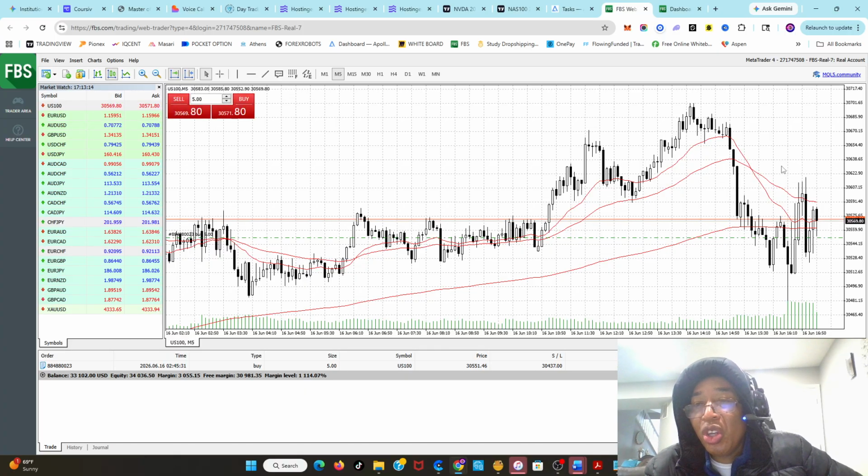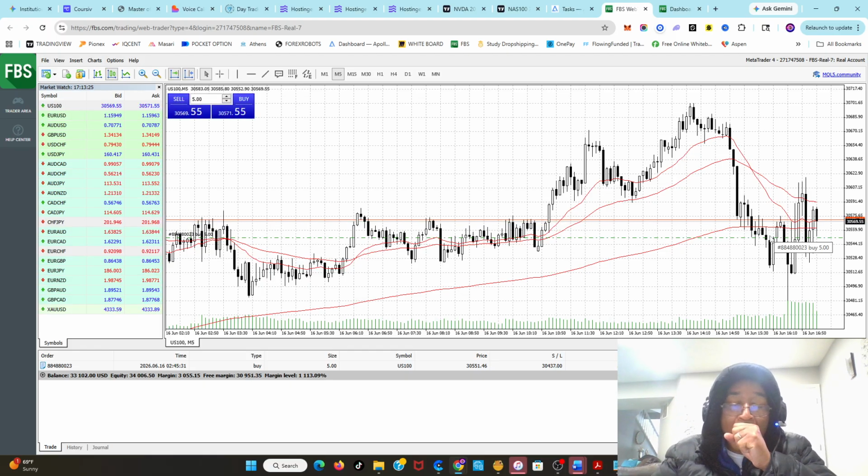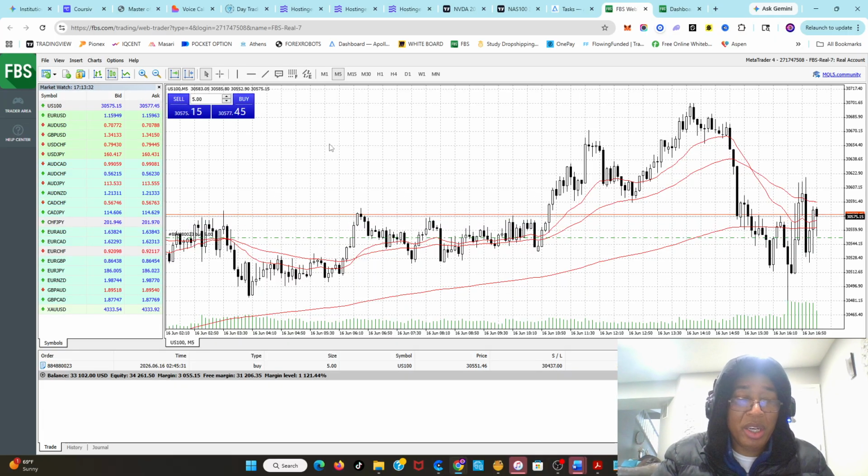Huge, huge red bars. They look black here. These are the ones I'm calling red, the black bars. Then we have the white ones, that's the green bars. This broker here is FBS. My student uses FBS.